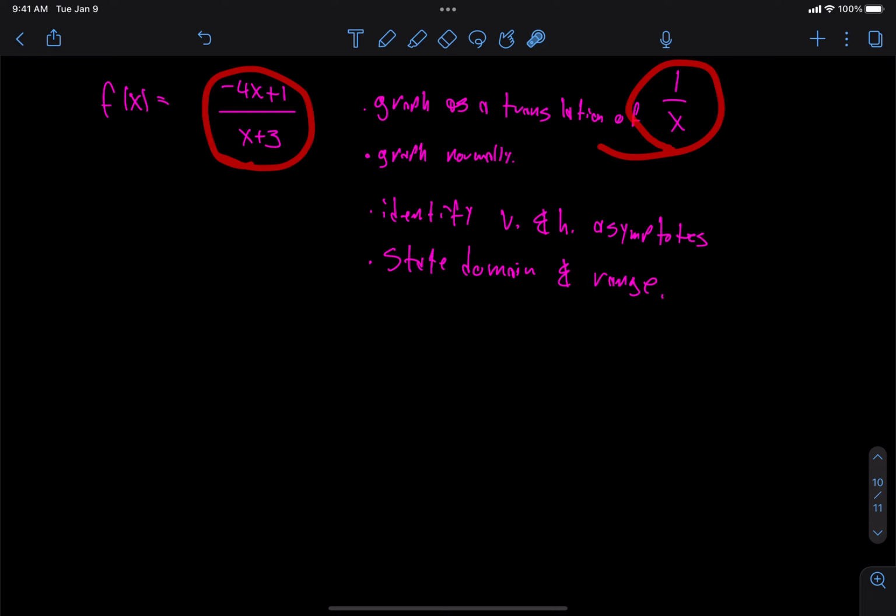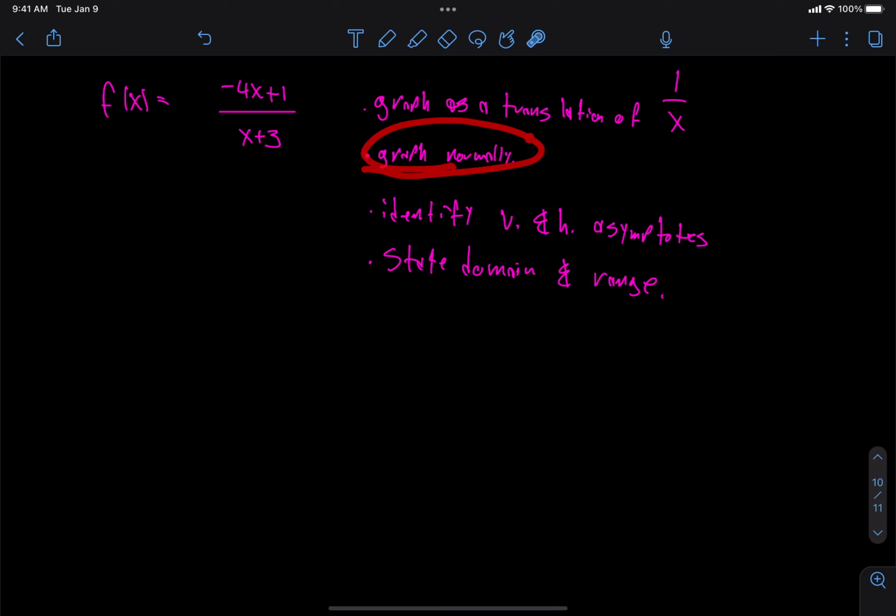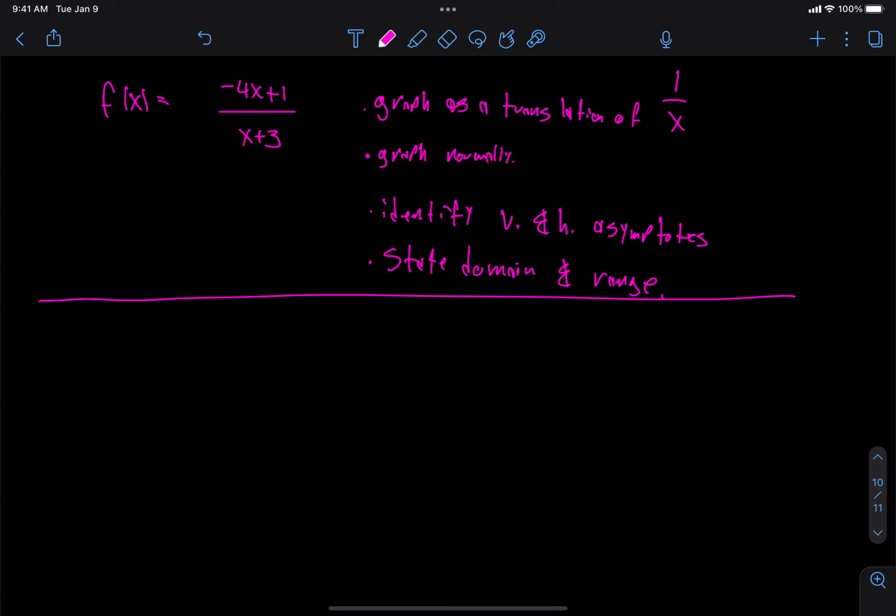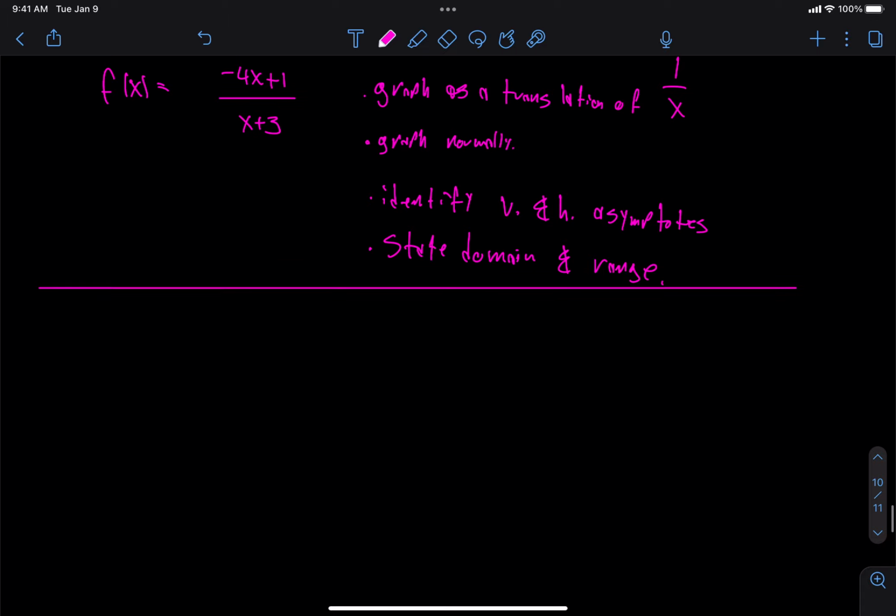Or we can also just graph it using the theory we were talking about this morning. Namely, we would identify the vertical asymptote, the horizontal asymptote, and then the behavior, find any zeros, and the y-intercept, and so on. So we'll do both of those ways, and then we'll answer the other questions.